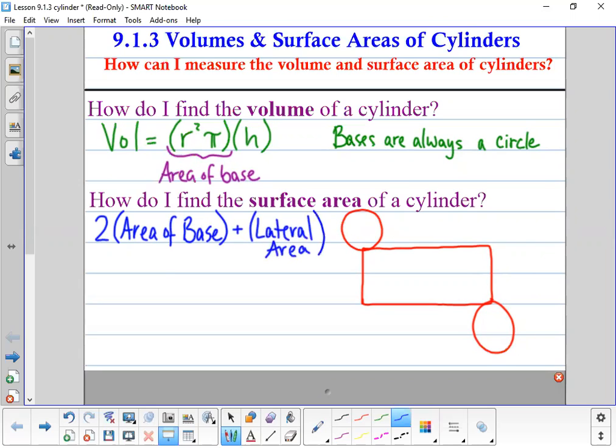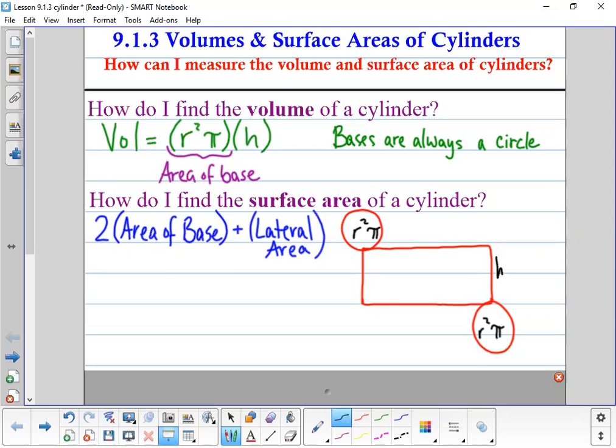And what we discovered is with a cylinder, the lateral area ends up being a rectangle. So in what we call a net, which is what we get if we flatten a 3D shape out, we have our circles, which the area of them would be the radius squared times pi for both of them. So that's why we have 2 times the area of the base.